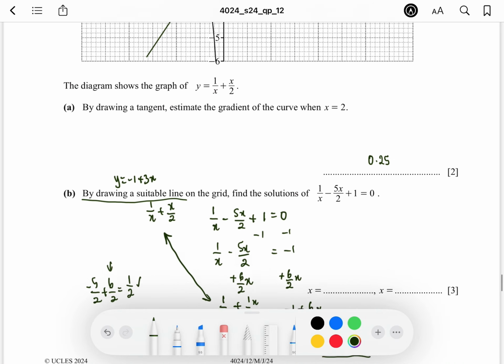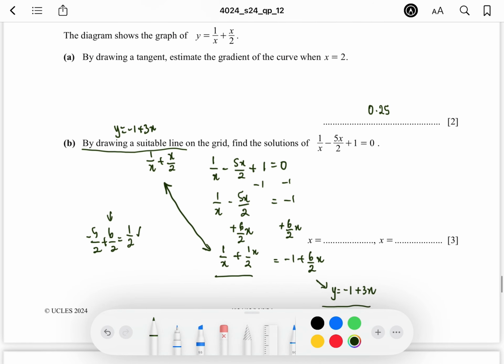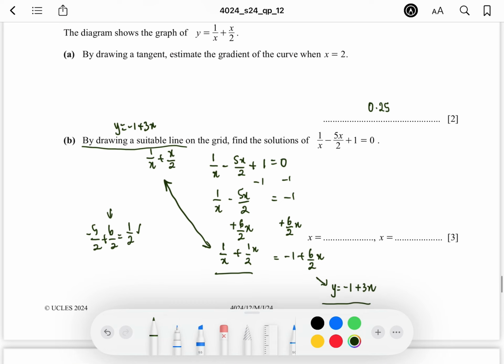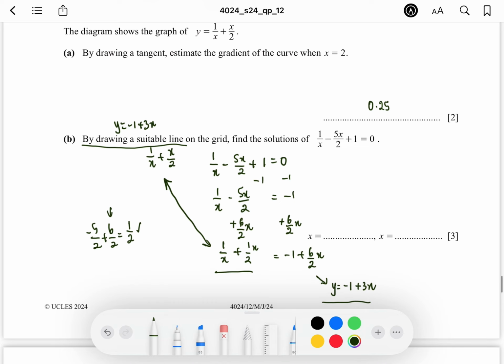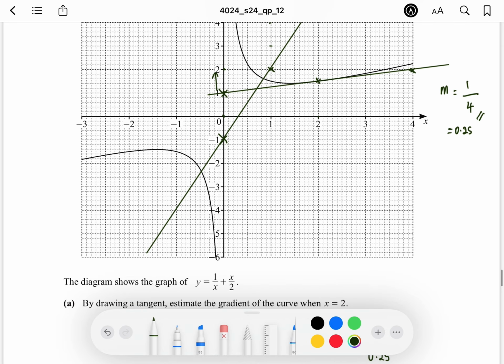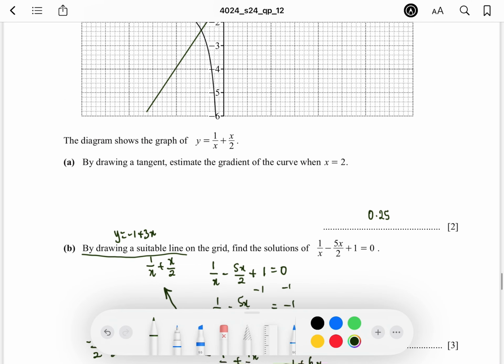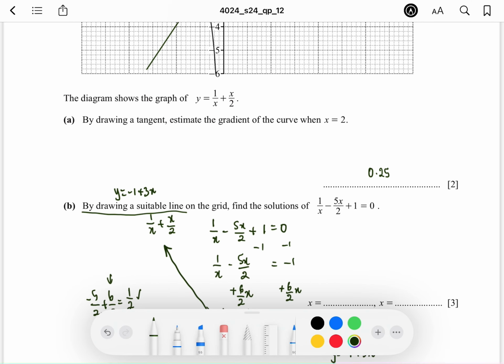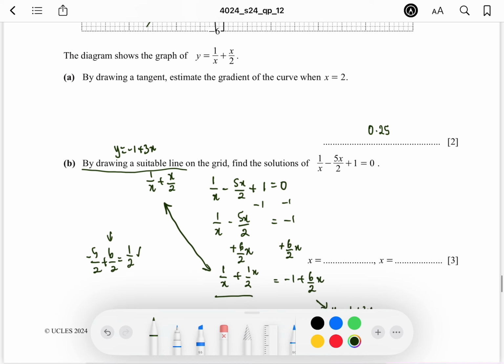Right? And that is how. So, from time to time you would be required to answer this type of questions, whether the graph is already drawn like this, or whether in the initial question you are required to draw the graph first. So for solving equations, ada 3 jenis soalan.